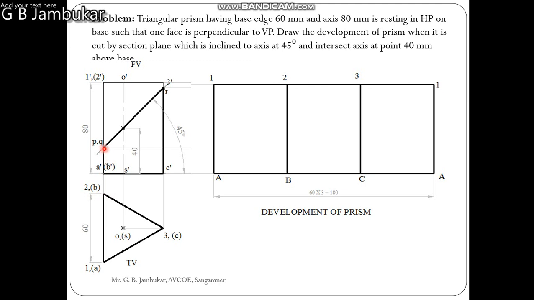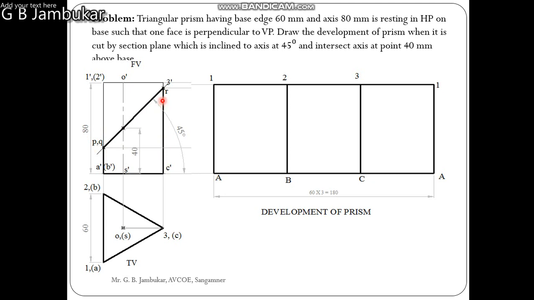We have to transfer point P on A1 and point Q on B2 by drawing projection lines parallel to XY. This line will intersect at point P on A1 and at point Q on B2. For our reference, we name the points P, Q and R.